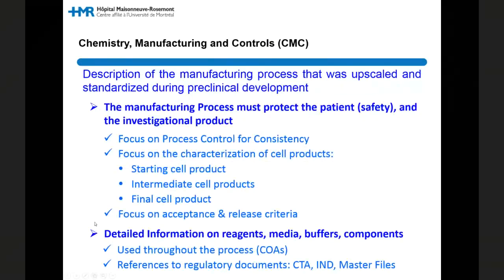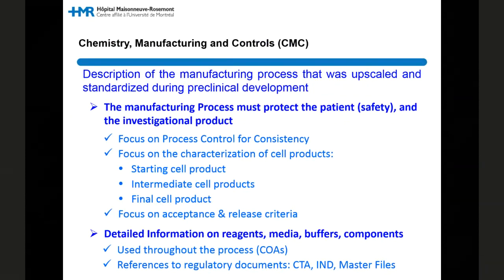You need to have a manufacturing process that is under control, so it needs to be consistent from one sample to the other. And you must have all the elements characterized: your starting material, your intermediate products, and your final products, and focus on acceptance and release criteria for all of them. When possible, you should have material that has been administered to humans and that is compliant with human administration.